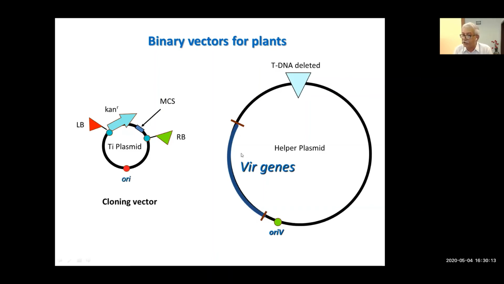So you have to use all the 3 antibiotics so that the right bacterium with the right helper plasmid and right tDNA plasmid, only those should grow. That is one of the very important steps before you proceed for transformation. Okay, remember this.